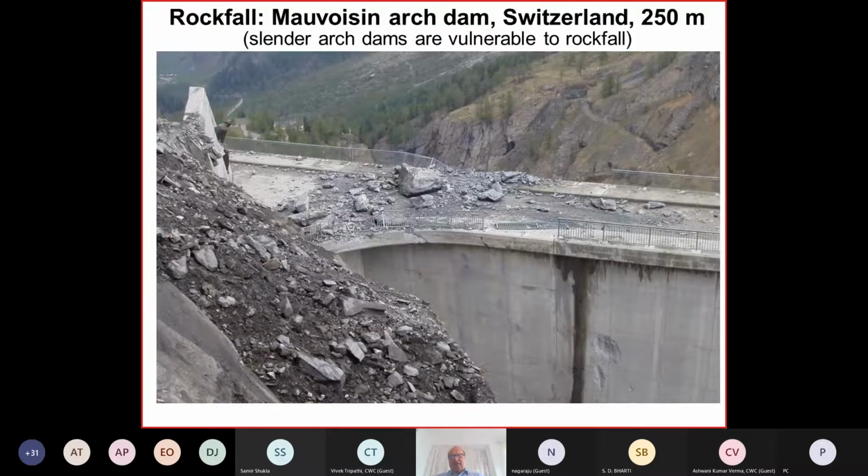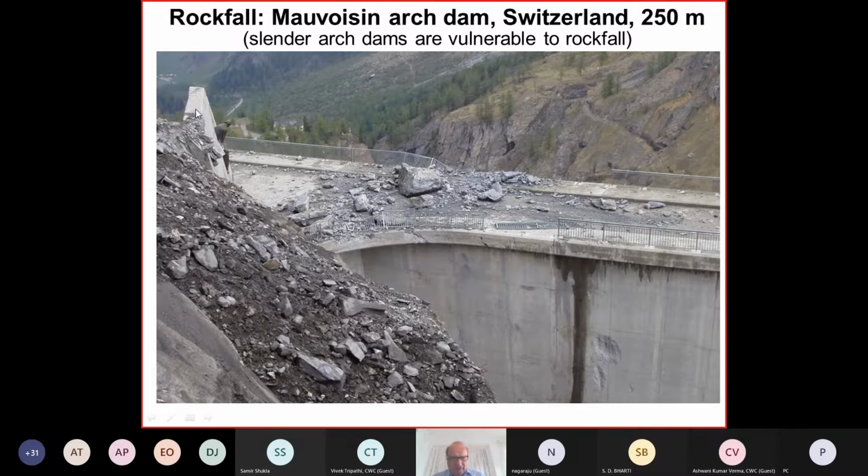Okay, what is critical now if you look into arch dams? I've shown some of the blocks. This is the arch dam which for many years was the highest arch dam in the world. And you see here at the left abutment, where there is some unreinforced retaining wall, there are some blocks falling.